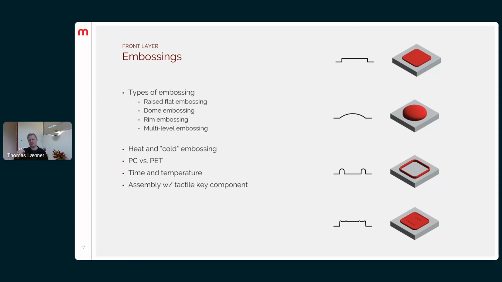So first the tactile switch and then the embossing. And you don't want to have this multi-click and confusing the user if the key has actually been activated or not. So this is also very important to understand the combination and the assembly with the tactile key components.